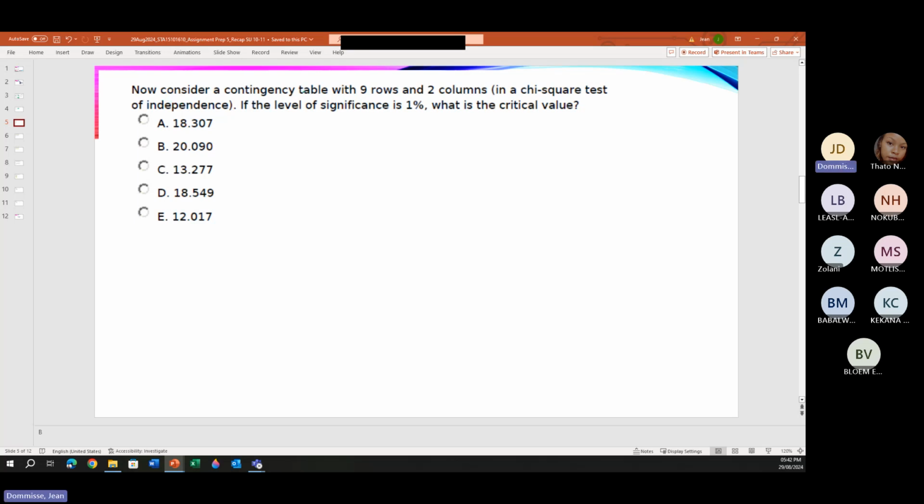Now consider a contingency table with 9 rows and 2 columns in a chi-squared test of independence. So we know that the degrees of freedom is 8, and the level of significance is 1%.